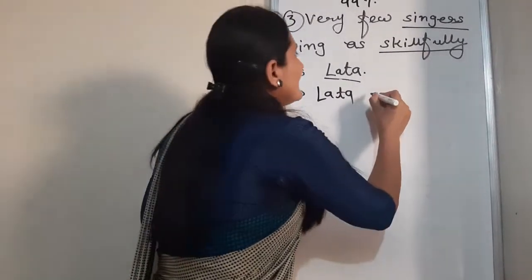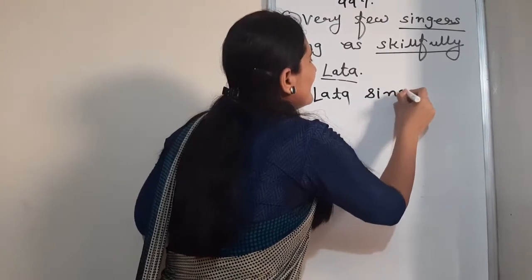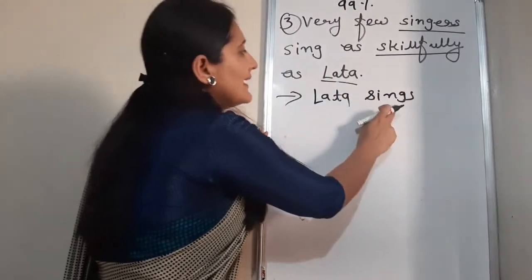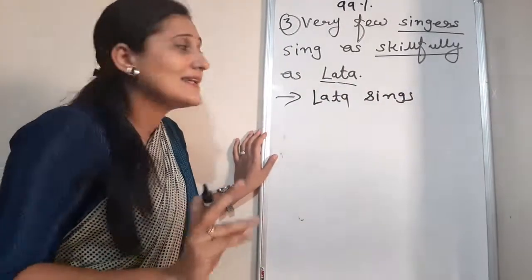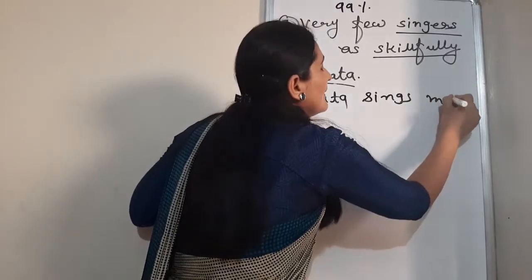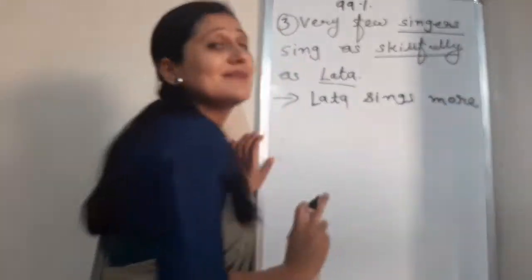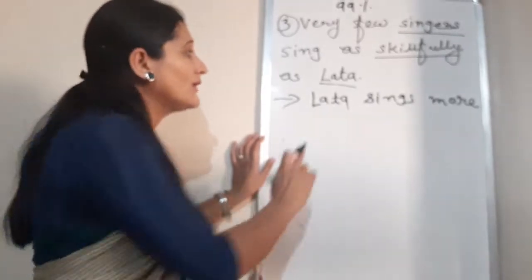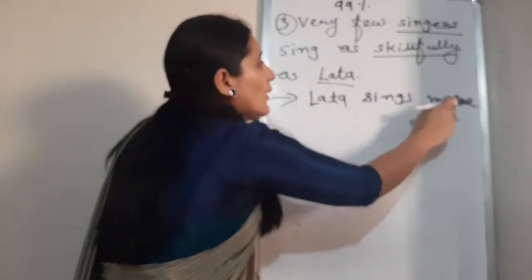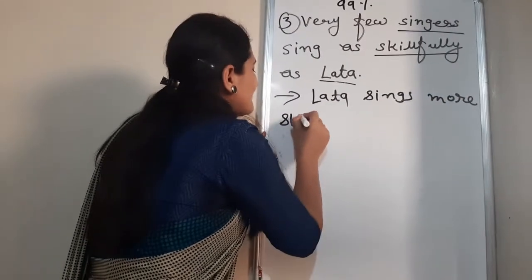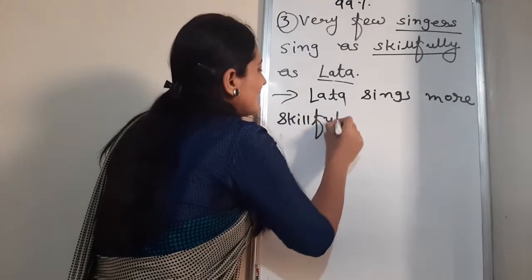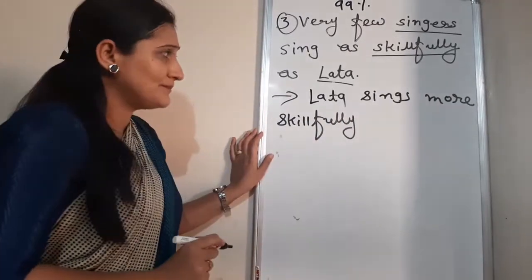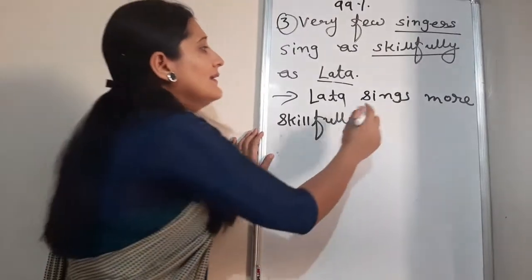So, Lata sings. Here given, see, Lata sings more. I told you the adjective is long, so we need to write more. Lata sings more skillfully. Keep in mind, sings.